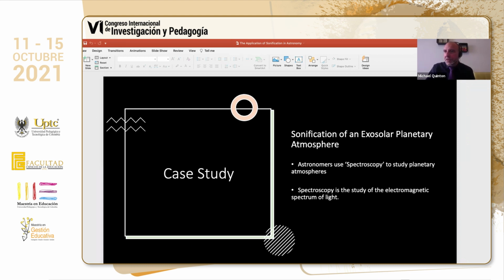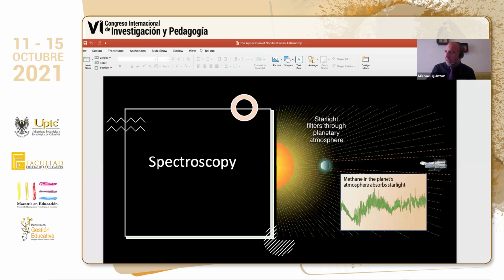So if we take a look at how that data is actually collected, you can see the diagram here. You've got the star, and as the planet passes in front of the star, these observations are done in transit, okay? A snapshot is taken as the planet comes right in front of the star, because the light passing through the gases of the atmosphere is absorbed.